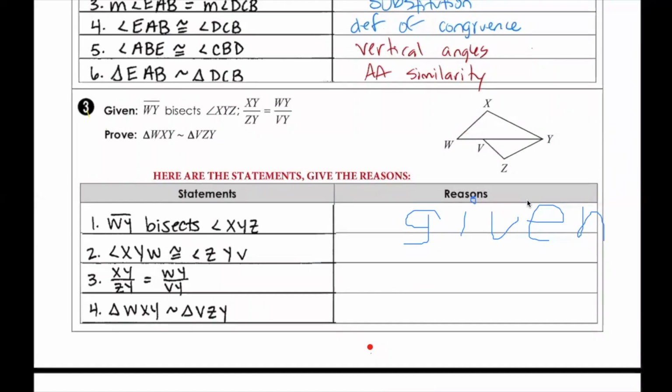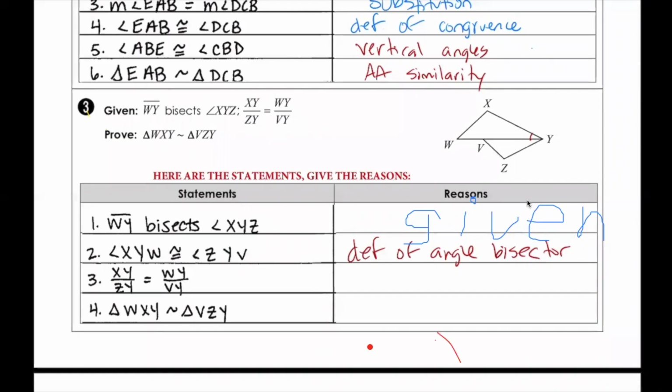So why is angle XYW congruent to ZYV? Definition of angle bisector. Right? Bisect an angle, you're going to have two angles. Big given.